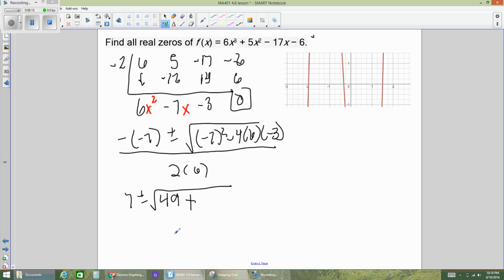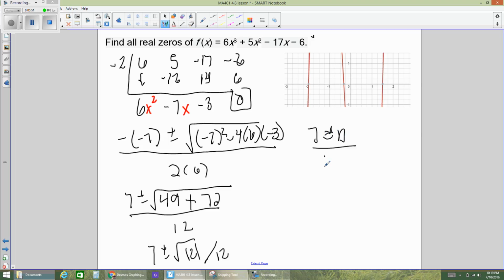And I have 4 times 6, which I know is 24. And 24 times 3, let's see, 48, 72, all over 12. Okay, so I need to do 72 plus 49. Ooh, 121's perfect. Because I know what 121 is. That's all still over 12. That's just 11. So I have 7 plus or minus 11 over 12.